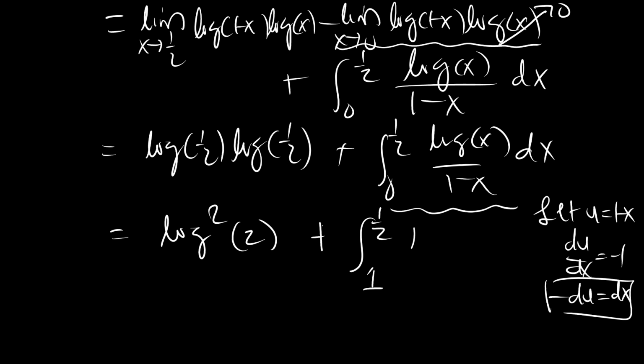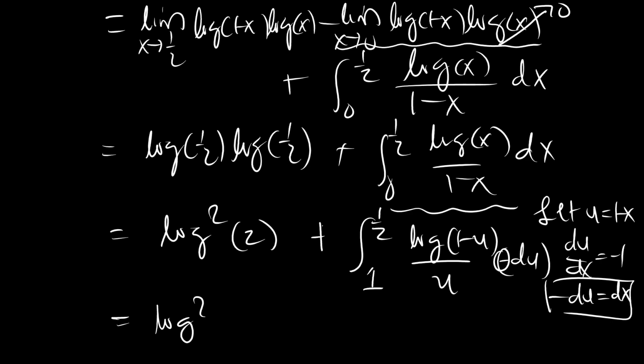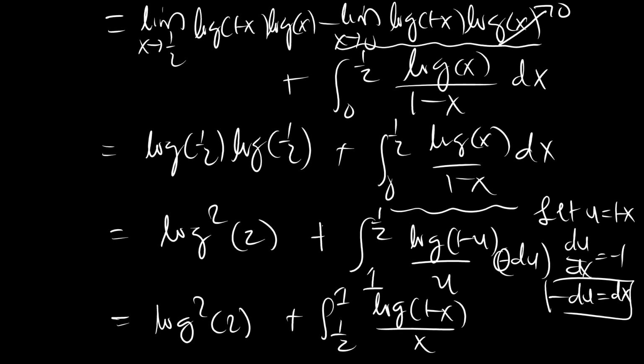And then log of x would be log of 1 minus u over u. And then we have negative du. This negative here allows us to flip the limits. So we have plus the integral from a half to 1 of, we can decide to take things back to the x domain, and that is it.